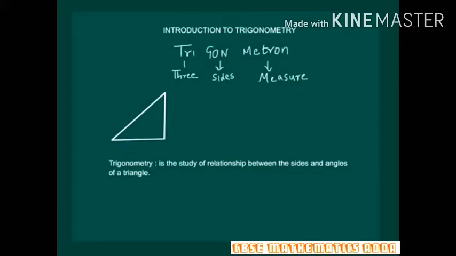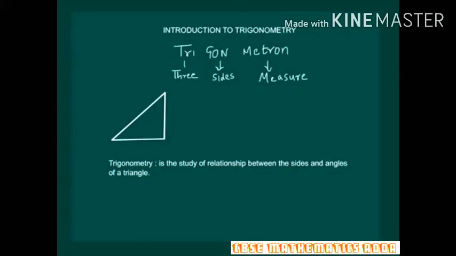So in this case we will consider the right angle triangle. Basically we consider a right angle triangle here, and trigonometry is the study of the relationship between the sides and the angles of a triangle.